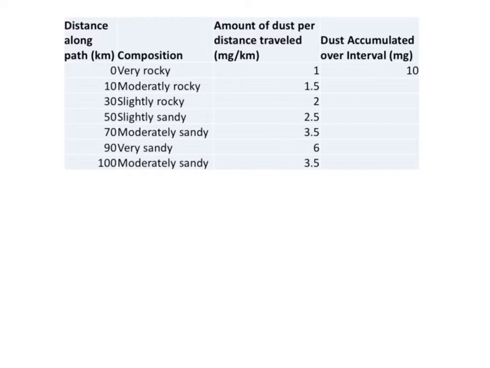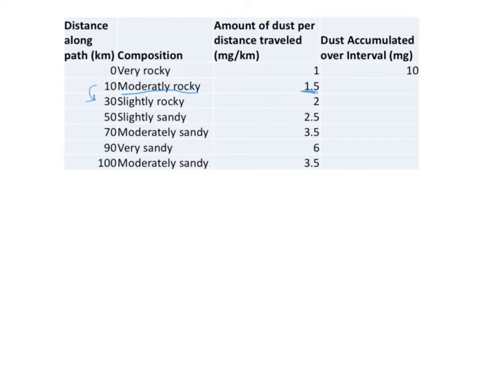So now let's look at the second interval. For this second interval from 10 to 30 kilometers, we are going to assume that for the entire interval, the surface is moderately rocky. So we're going to assume that the rate of accumulation of the amount of dust per distance traveled is 1.5 milligrams per kilometer over the entire interval.